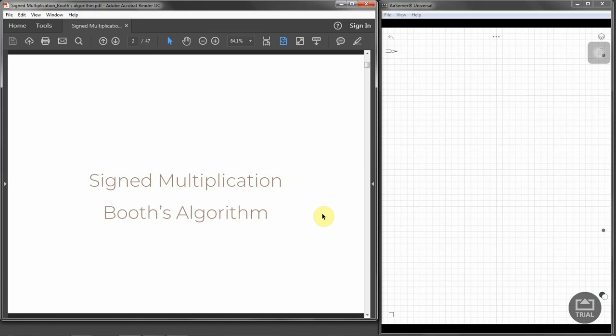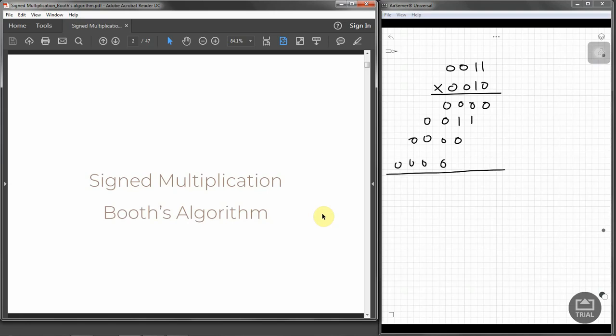Sign multiplication. Now, in chapter 1, we have seen how we can perform multiplication of two numbers. Let's say we have 0011, which is number 3, and let's say 0010, which is 2. When we multiply these out, we get 0000, then 1100, and the rest is 0000 and another 0000.